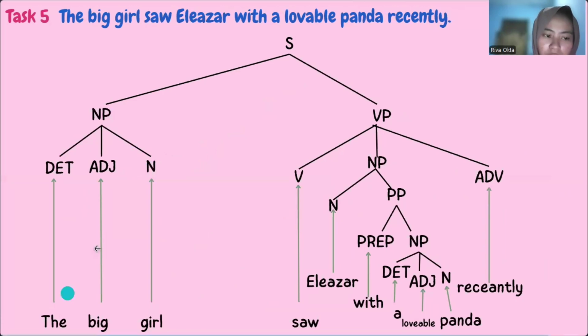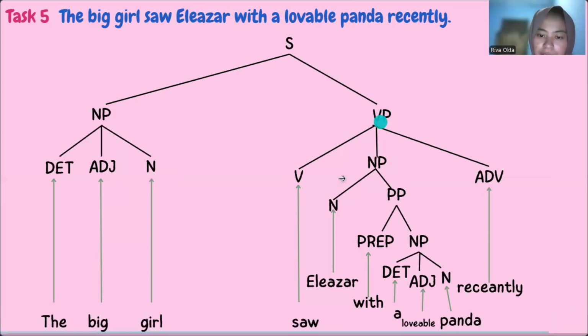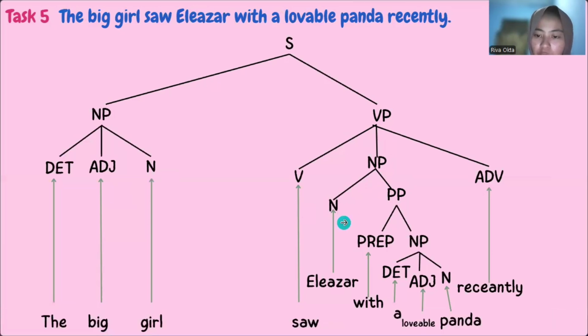From this sentence, "the" is a determiner, "big" is an adjective, "girl" is a noun. The verb phrase is divided into verb, noun phrase, and adverb. So from this sentence, "saw" is a verb. The noun phrase is divided into noun and prepositional phrase.